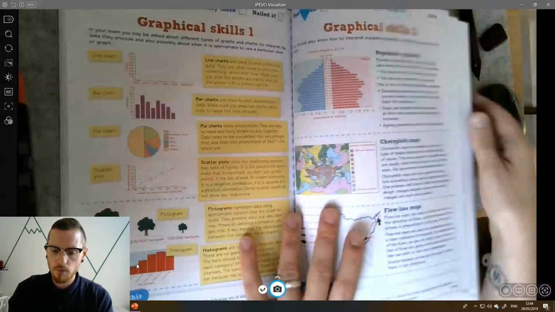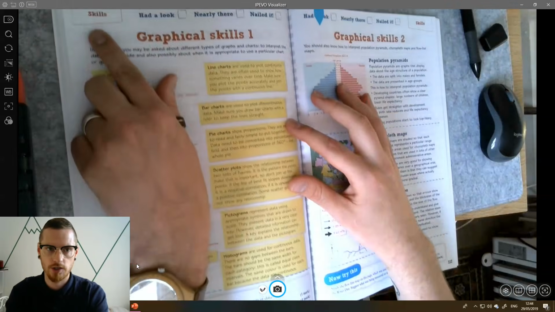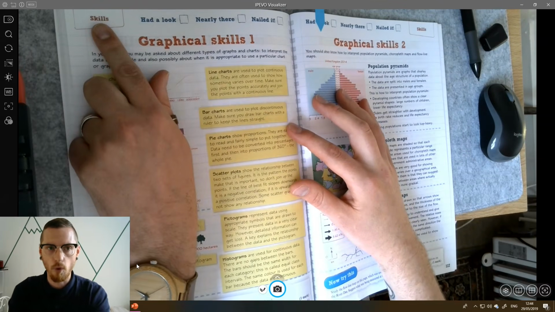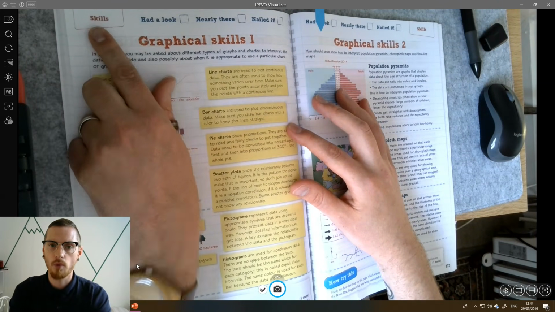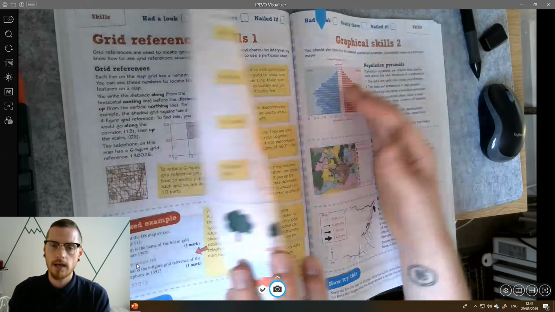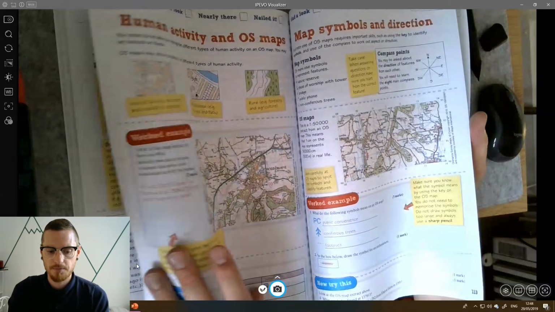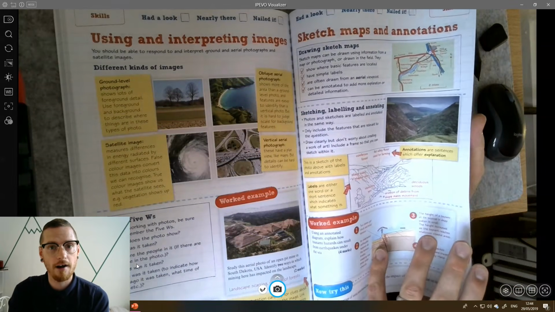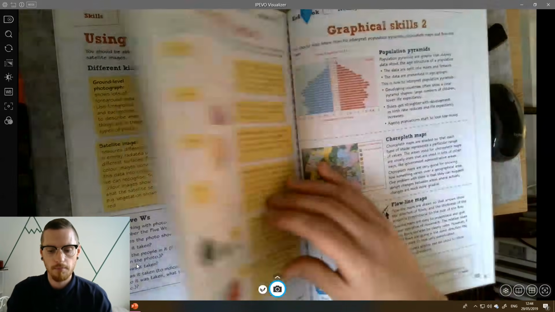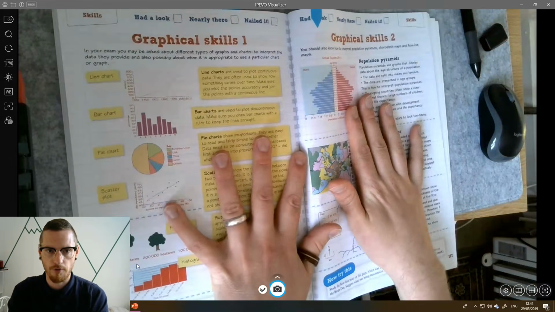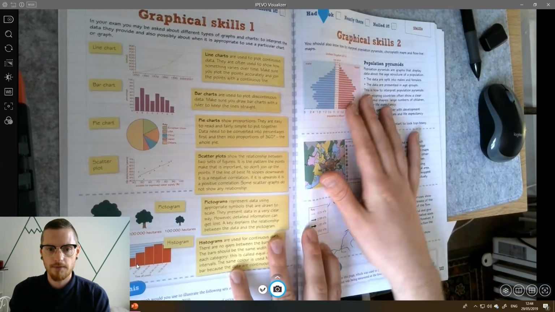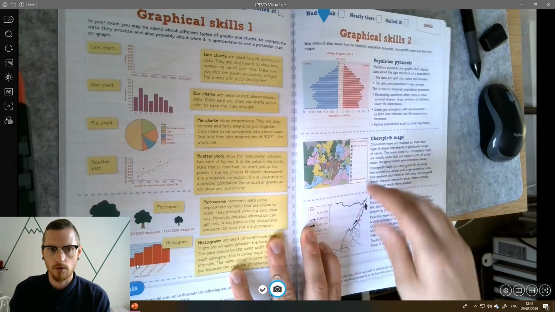Lastly, I recommend everyone revises the skills section at the back of this booklet for this paper. Again, we've spoken about how AO3 and AO4 are so important to this exam. There are pages on skills here that I recommend all of you look at, but mainly this double spread on different types of graphicacy.